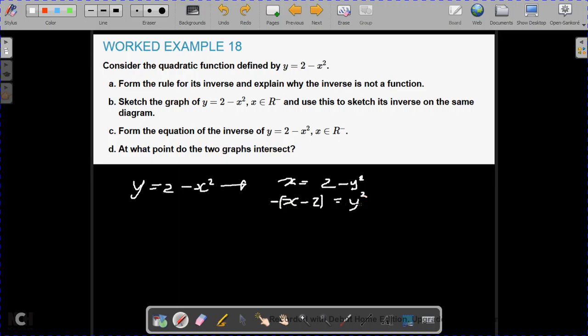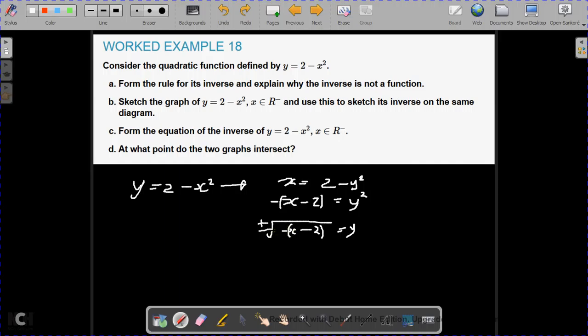Okay, already you should note that we're going to have a problem because when we square root both sides, we'll have the square root of negative x take 2, which equals y, and it'll be plus and minus. Now, we've got x take 2 and then get the negative of it. So if we have x equals 4, 4 take 2 is 2, and it'll be negative 2.